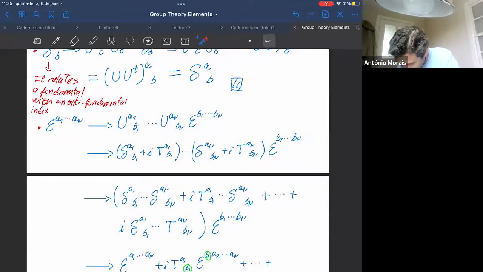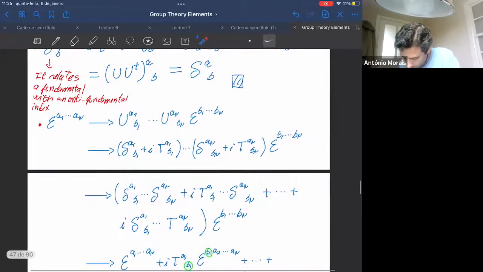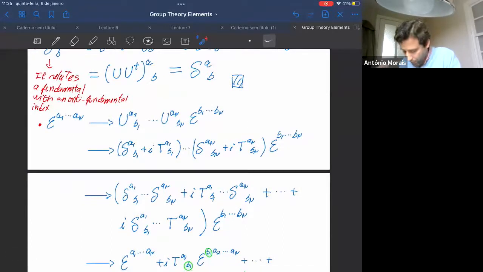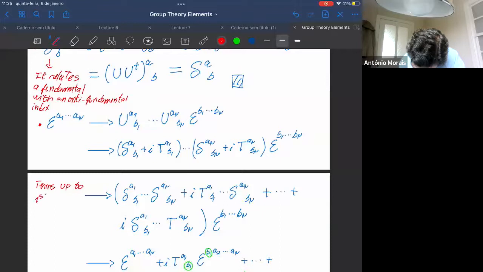But the thing is, here we are only keeping terms up to first order in t.